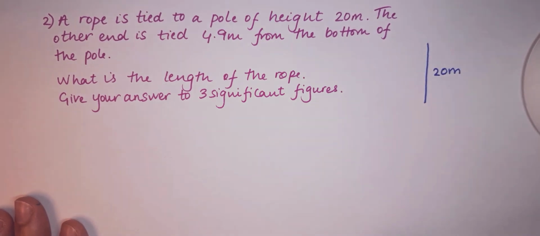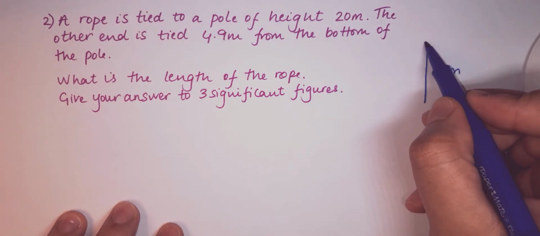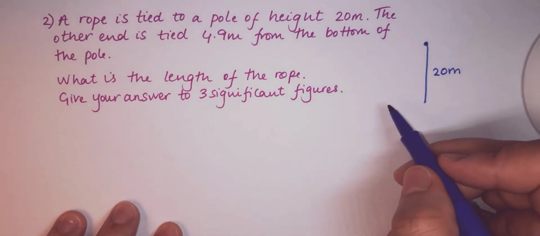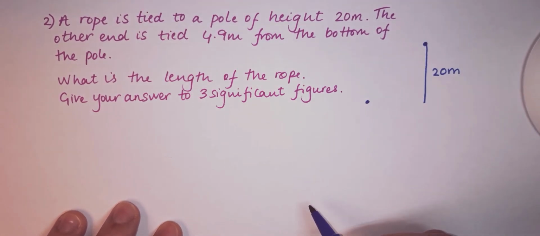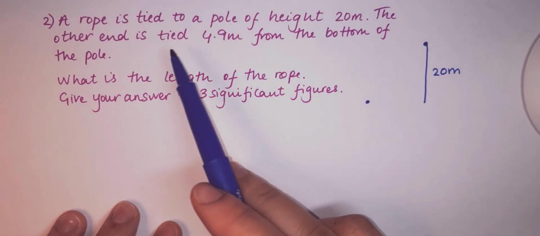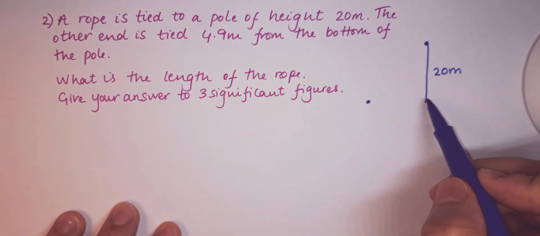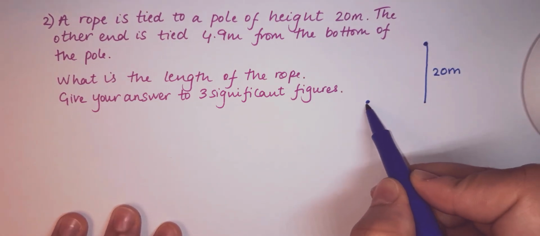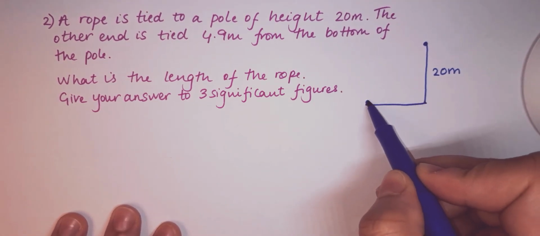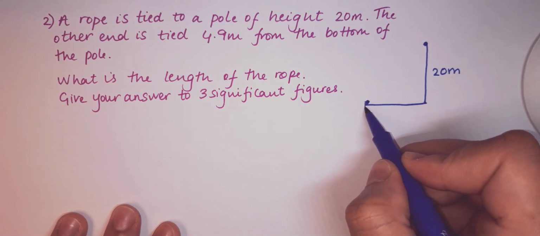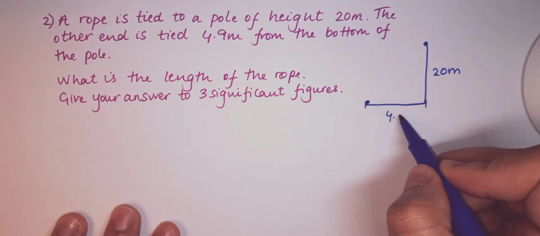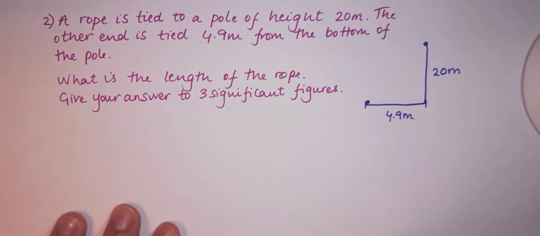But we also know that we have a rope as well, and it's tied from here down here, because it's tied 4.9 meters from the bottom of the pole. So if this is the bottom of the pole and it's tied here, this length here would be 4.9 meters.